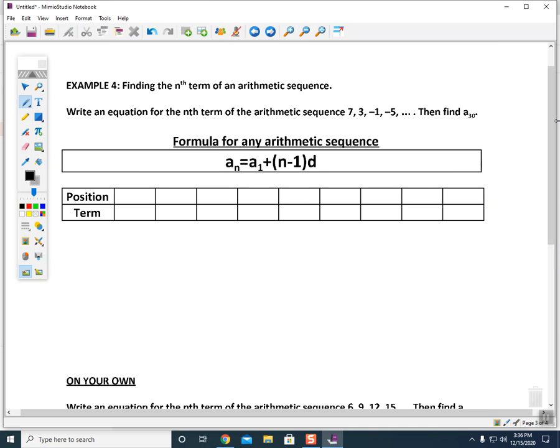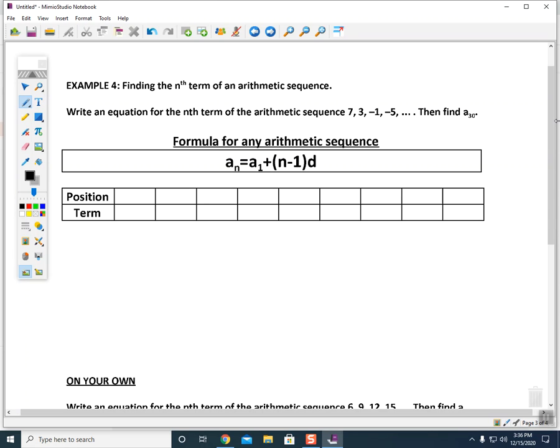Okay, so all that's well and good. We have been looking at graphs and tables to figure out different sequences, but most of the time, where this gets to be helpful is when we can talk about them in terms of an equation. So I want to find the nth term of an arithmetic sequence.